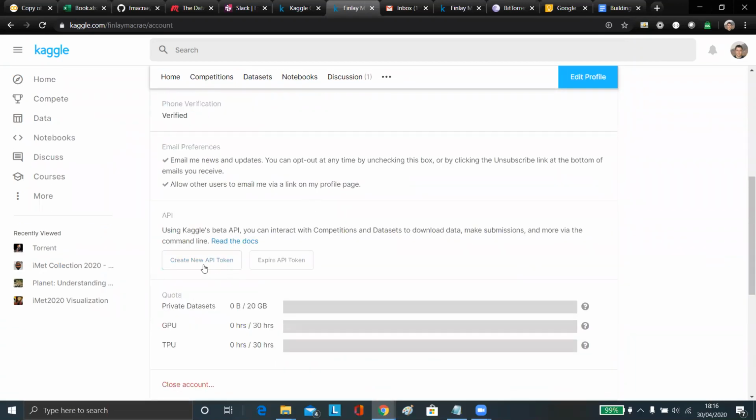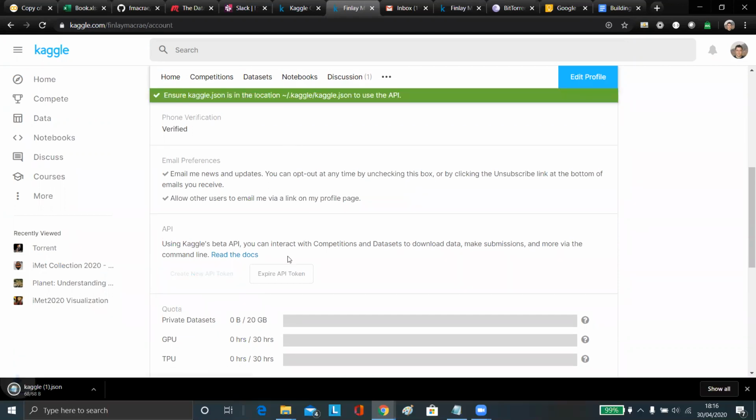In the API, you create a new API token, and that creates a little JSON file that you can then upload to your machine. If you create it, it drops down into your downloads folder.